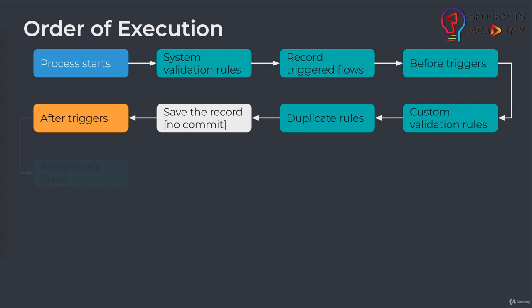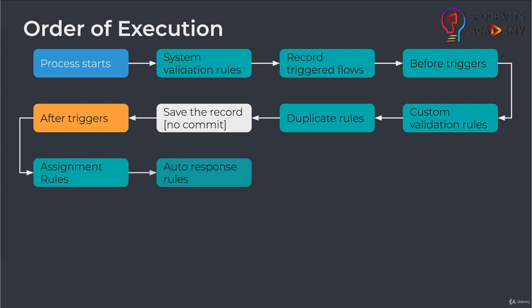After this, the assignment rules are executed, then the auto response rules are executed, then the workflow rules are executed. I marked this in orange because workflow rules also include the field updates. So when you update a field, then it can trigger the complete process again. So this means the before trigger and after trigger will execute again.